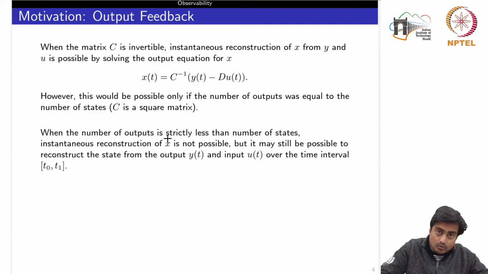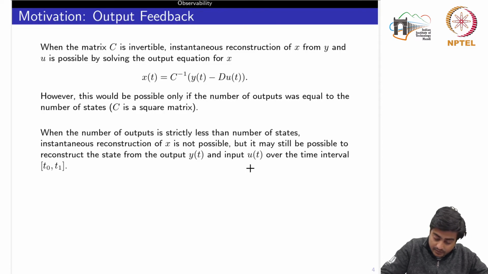But when the number of outputs is strictly less than the number of states, which is mostly the case, the instantaneous reconstruction of x is not possible. But it may still be possible to reconstruct the state by taking the signals y and u over some time interval t0 to t1.